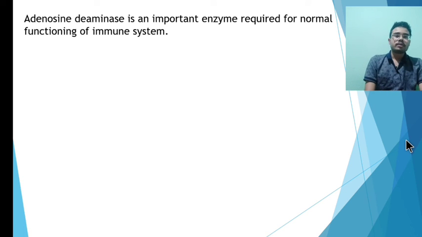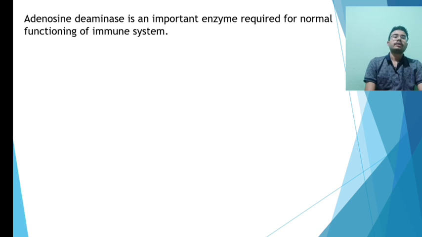ADA, or adenosine deaminase, is an important enzyme that is required for the normal functioning of our immune system. With the deficiency of ADA, there develops a condition called severe combined immunodeficiency syndrome. That is a very difficult situation, and when the gene of adenosine deaminase is deleted somehow, or it is inactive in the body, then this deficiency occurs and this causes a severe disease.